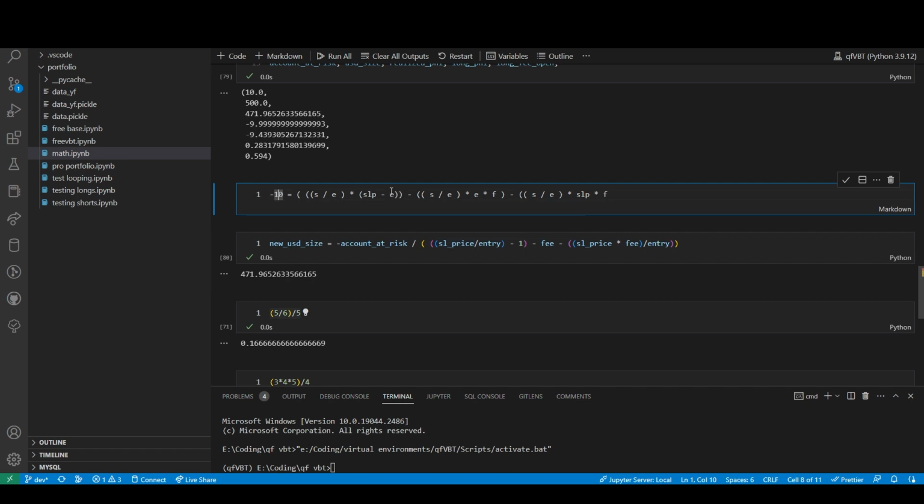Just understand that this is stop loss price minus E. If we multiply these together, you have S times stop loss price minus S times E over E. So the E's cancel, and you're basically left with stop loss price over E minus 1.